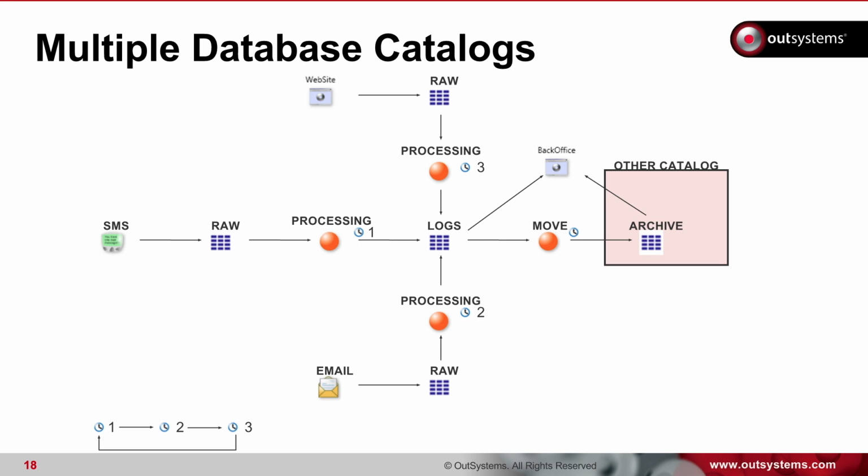You can configure this in Service Center, and then you decide every module that you publish from then on. You have Service Studio, as soon as you publish, ask you which catalog will I create these entities on. And if you make those entities public, you can then have another module read data from both here and here. And if you use, therefore, multiple database catalogs, this solution is even better. It's a feature that is right there in the OutSystems platform.